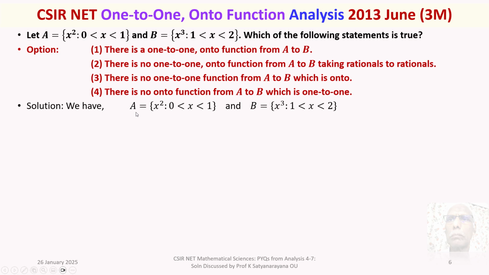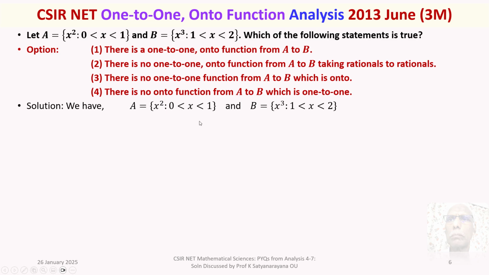We have A is equal to the set consisting of x square where 0 less than x less than 1, and B is the set consisting of x cube where 1 less than x less than 2. Clearly, what will be A? When x is 0, 0 square, and when x is 1, 1 square.